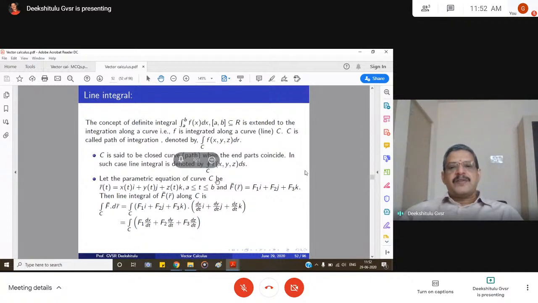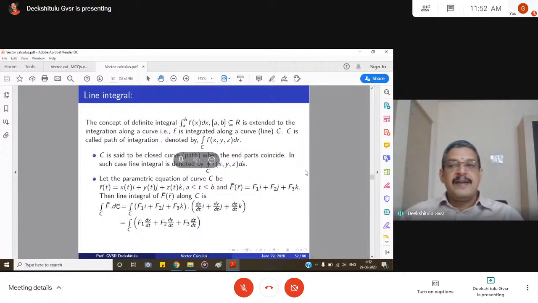Let the parametric equation of the curve be r bar is equal to x(t) i plus y(t) j plus z(t) k, where a is less than or equal to t less than or equal to b, and f bar of r bar is f1 i plus f2 j plus f3 k. The line integral of f bar along C is given by line integral over C of f dot dr. Just like in multiple integrals, we have line integral, double integral, triple integral.